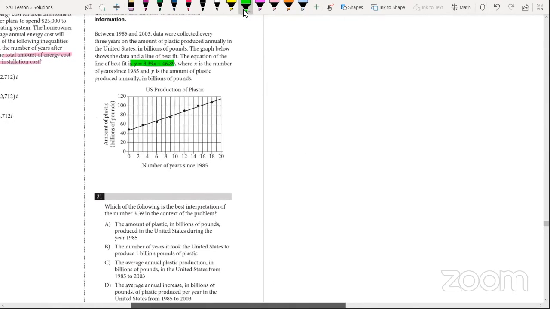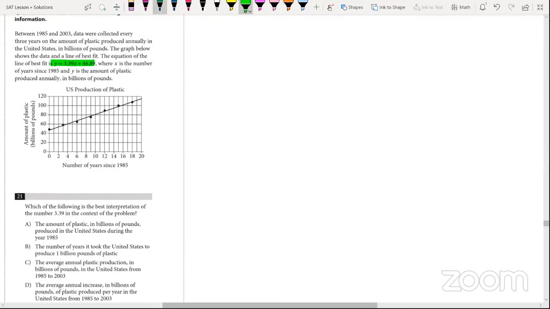It's something in a nice y equals mx plus b format. So y equals mx plus b, and the question is saying that that's 3.39x plus 46.89. So they're asking us what's the 3.39, and that is the slope.